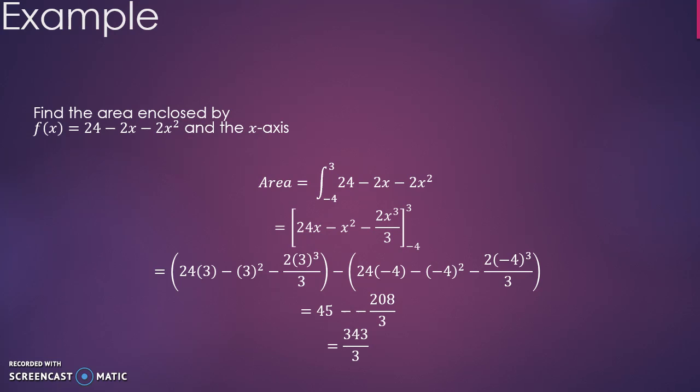Just in summary, remember the area below is going to give us a negative value. When we do the integral, if the area between the curve and the x-axis is below the x-axis, that's going to give us a negative definite integral. Above the x-axis is going to give us a positive definite integral. And when we're calculating the total area, we're looking at the absolute values of those two areas.